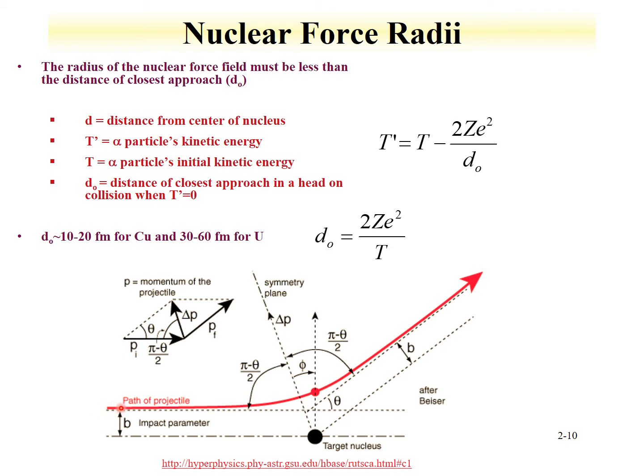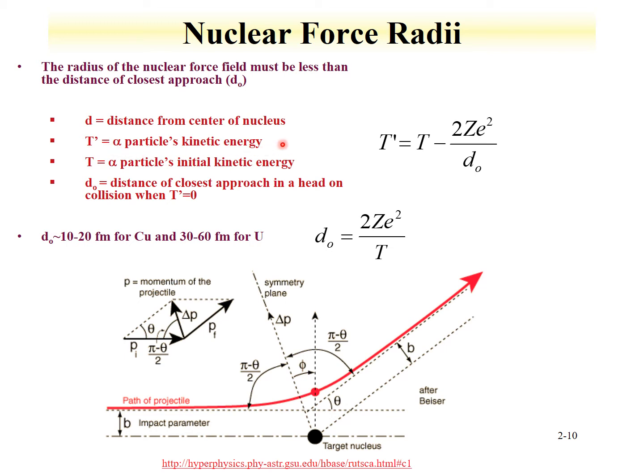Imagine that I take a projectile, have it accelerate towards the nucleus, and it gets bent, right? I get some scattering. How does that scattering from the nucleus indicate its distance? Well, I've got some distance d from the center of closest approach. And let's say I'm going to take an alpha particle.